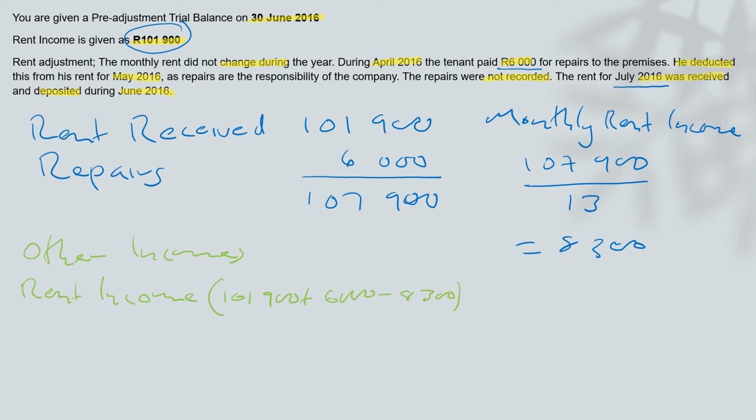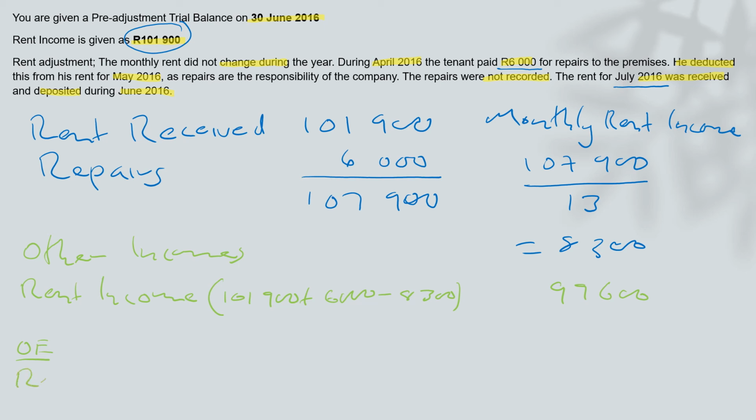That is 107,900 minus 8,300, and that will get you 99,600.